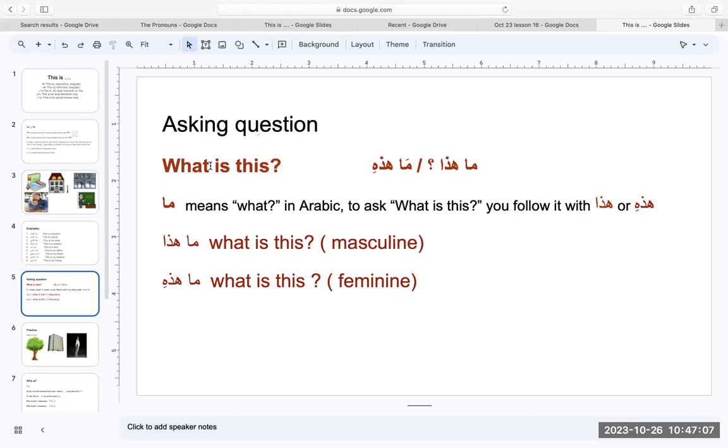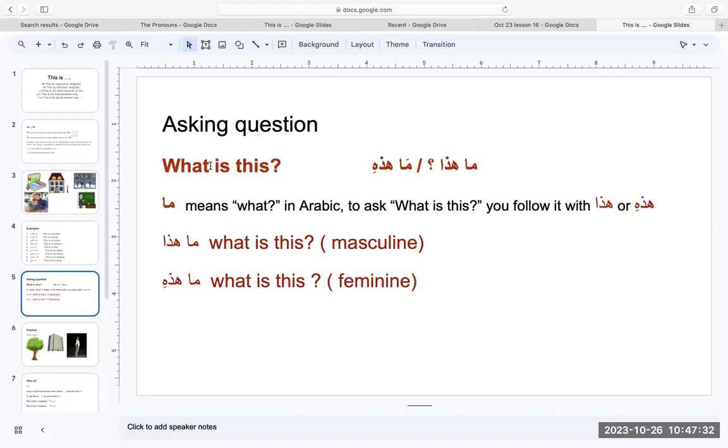I'm asking about a noun, okay? In Arabic, we differentiate when you ask about a noun or about a verb. So in English, we say, what are you doing? Or what is this? So both ways you use what.